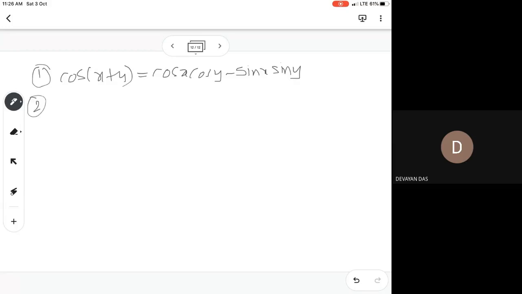And here the second formula is cos x minus y. You replace the y with minus y. So what do you get here? Cos x cos of minus y minus sin x sine of minus y. So it is equals to, the negative angle will automatically become positive, isn't it?